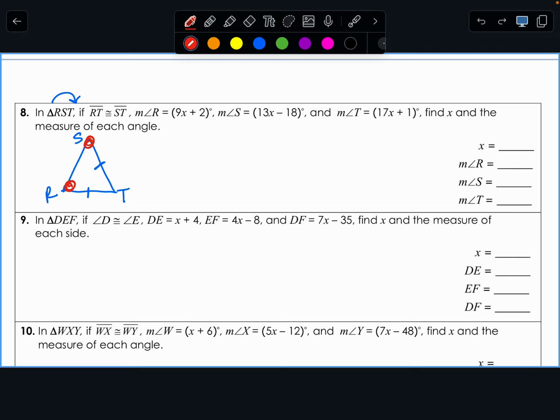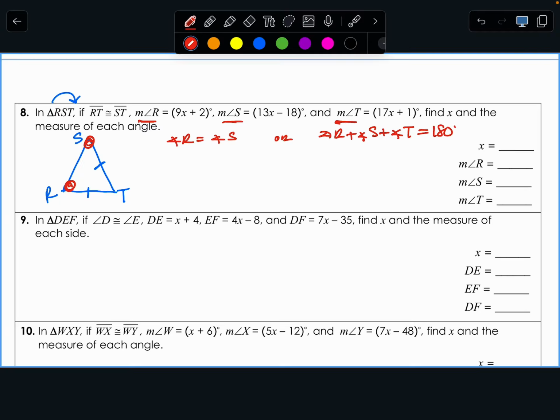Now, I give you 3 angles, so I could do this a couple different ways. I could either say that angle R equals angle S, right? Or I can say angle R plus angle S plus angle T equals 180 degrees.